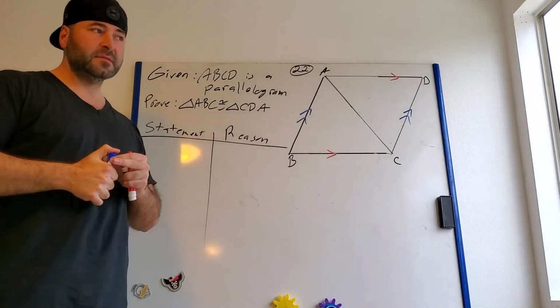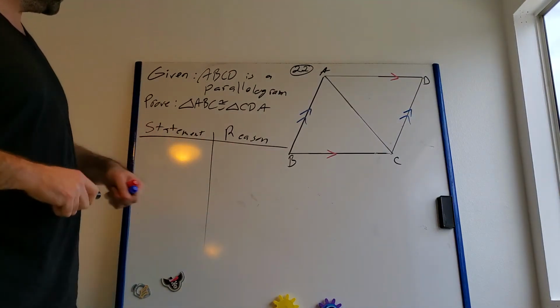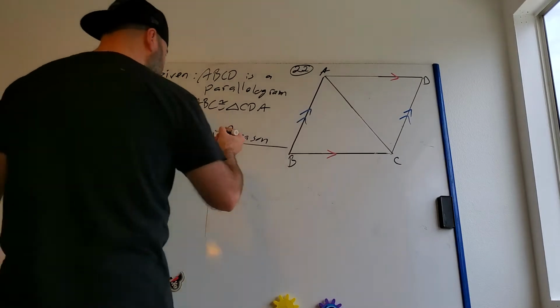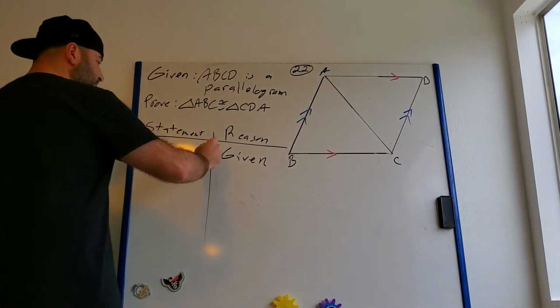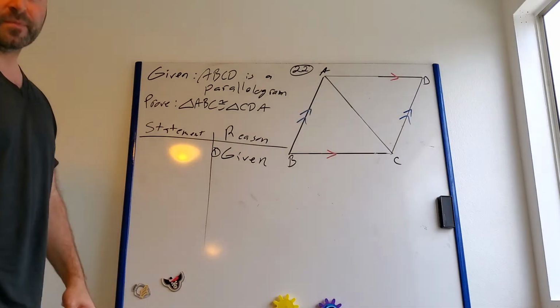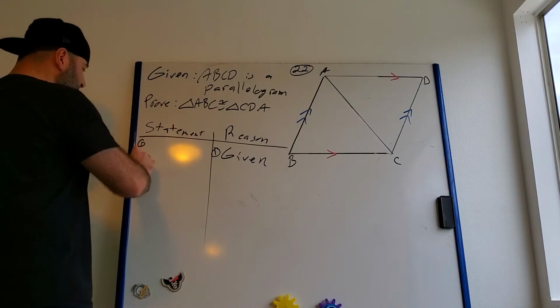Okay. So that's what we'll start off with. First one, I'm limited on space, so I'm just going to write the given. Okay. From there, the next statement is actually filled in for you guys.